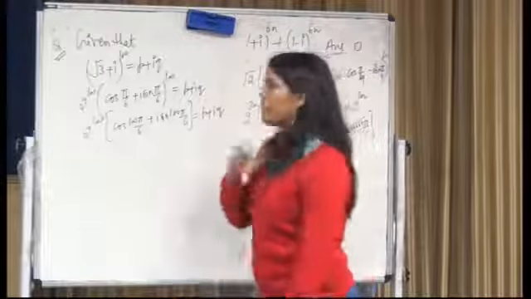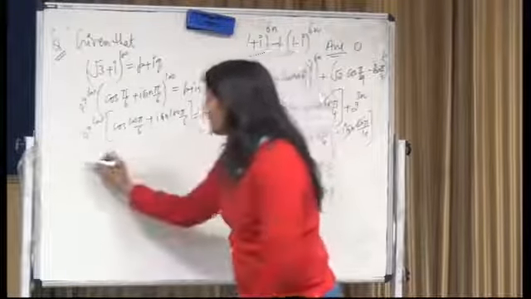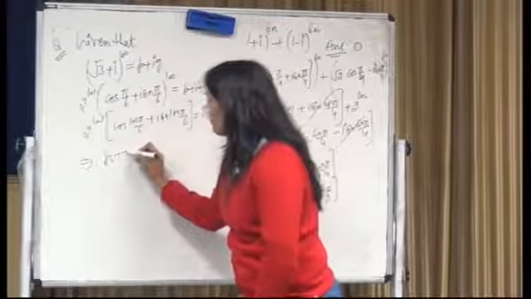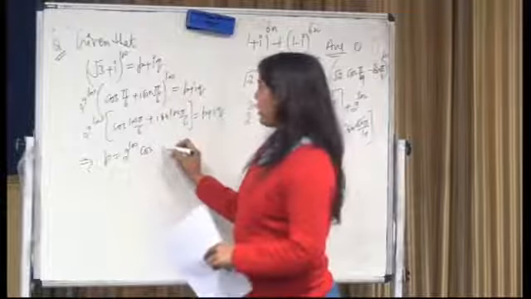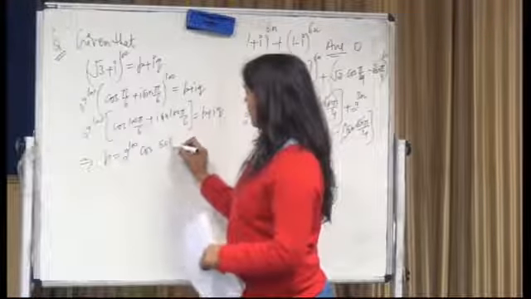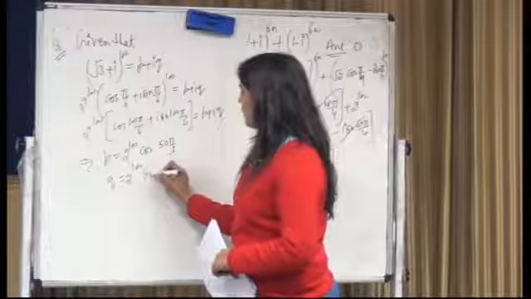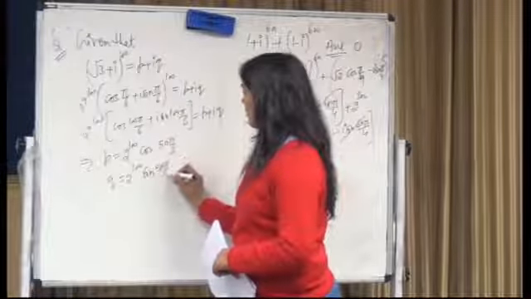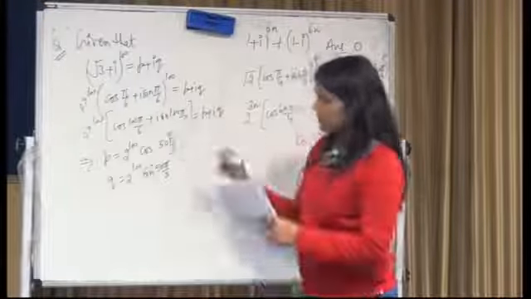Can you change 100 pi by 6 to a particular value? Change this angle quickly. I am just writing. So p value is 2 to the power 100 cos 100 pi by 6, how can you write it? 50 pi by 3 first, and then q value as 2 to the power 100 sine of 50 pi by 3. Fine. Just change the value. Calculate this angle properly.